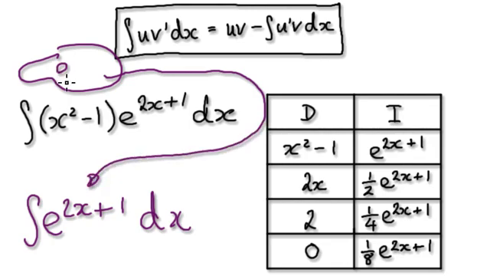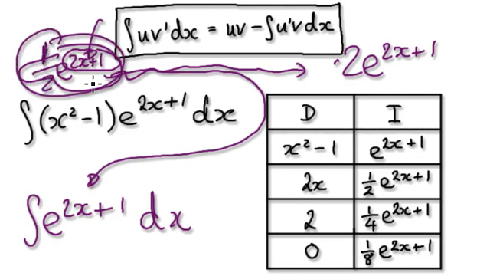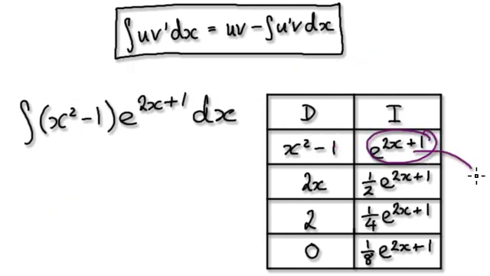So if you make this your initial guess, plus 1, if you differentiate this, it will give you e^(2x+1), but then you've got to multiply by the derivative of the bracket itself, which should be 2. So we need to make the adjustment here, which will be this. If you integrate this, it will give you this, and so on.